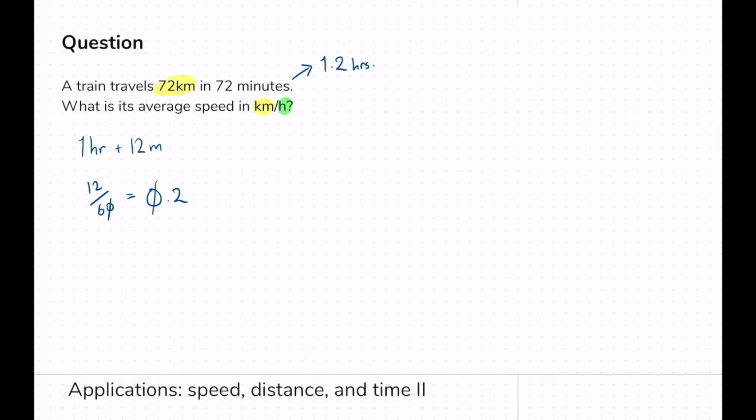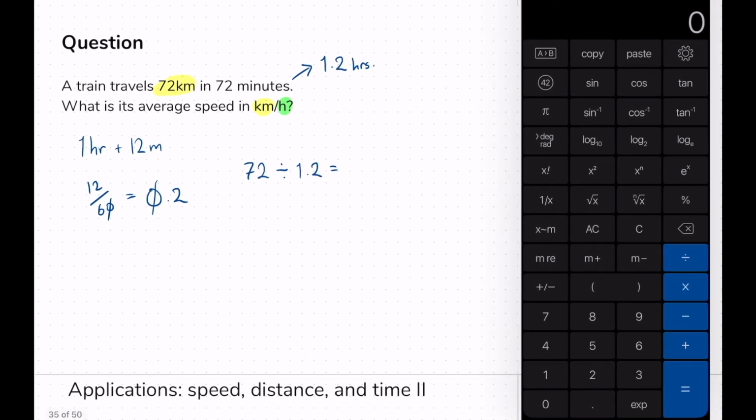So if we're thinking about 72 kilometers per 1.2 hours, well, to move from 1.2 down to 1, I need to divide by 1.2. So 72 divided by 1.2 is equal to, let's get the calculator out for this, 60.